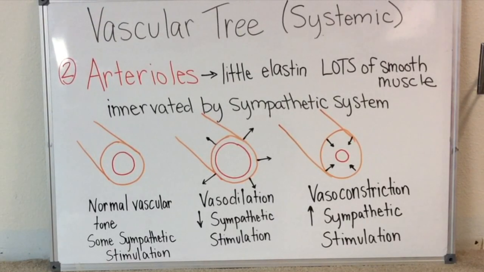Arterioles are able to control radii due to the increased smooth muscle surrounding the vessel, which is richly innervated by the sympathetic system. Under normal conditions, there is some vascular tone due to some sympathetic stimulation. At rest or during normal conditions, there has to be some sympathetic stimulation because the parasympathetic system does not dually innervate the arterioles.